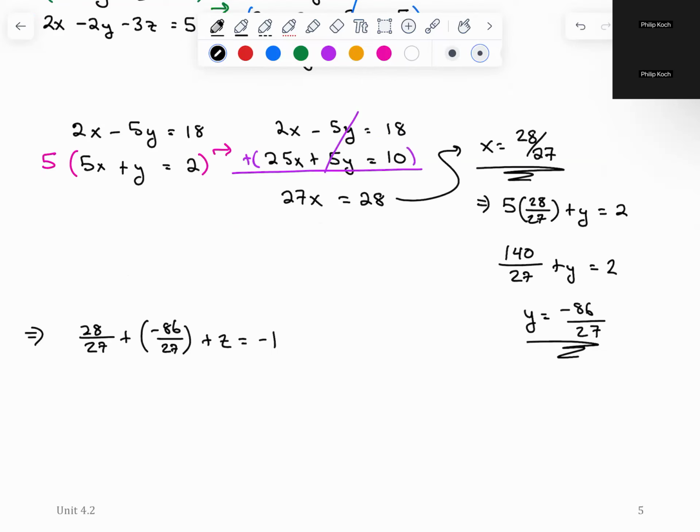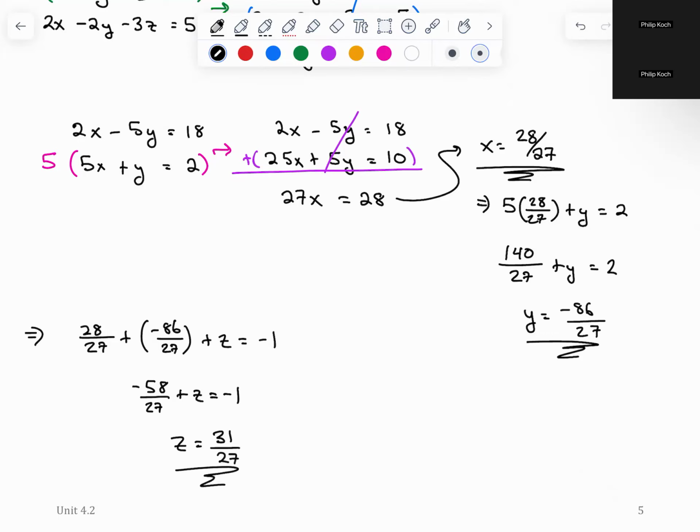So add 28 over 27 to that. So 28 over 27 minus 86 divided by 27 is negative 58 over 27 plus z is equal to negative 1. That gives me that z is equal to, when I subtract, negative 1 minus my answer, 31 over 27.